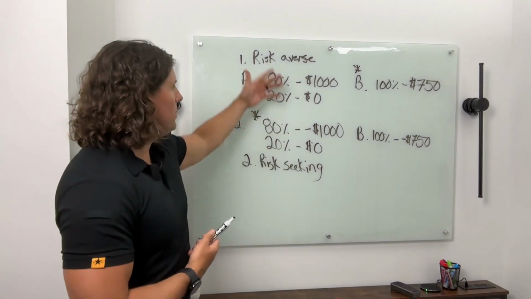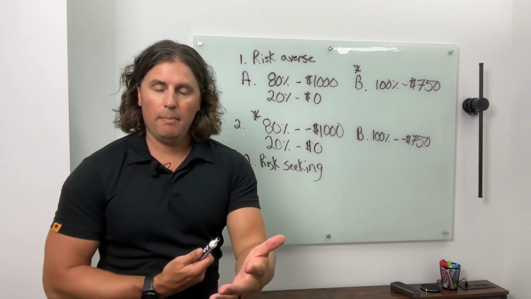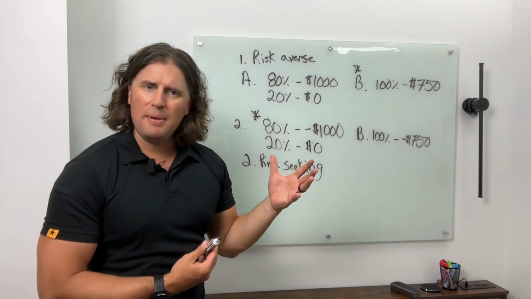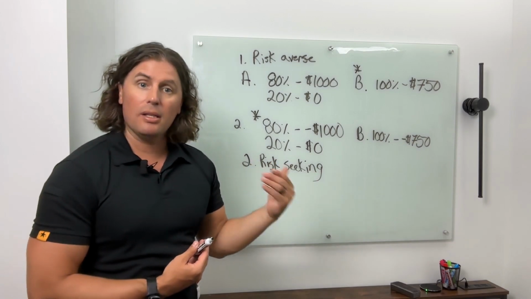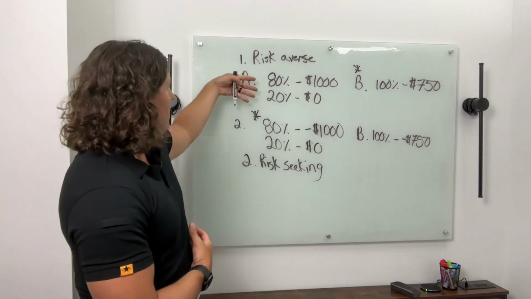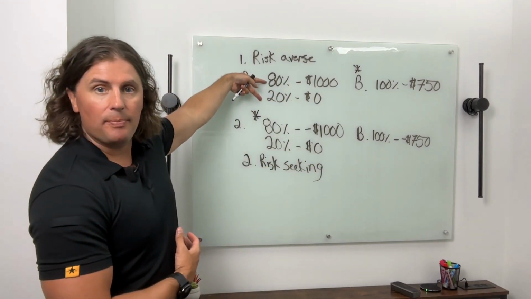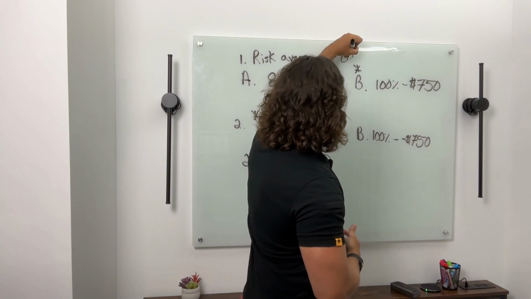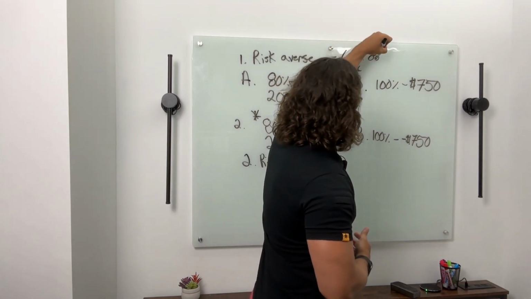So what did I just do? What's the difference between these two? If you remember from the previous introduction on prospect theory, we tend to behave differently when it comes to gains and losses. And that's exactly what we did here. We're going to call this the gain domain. So in gain scenarios, these are gain domains.